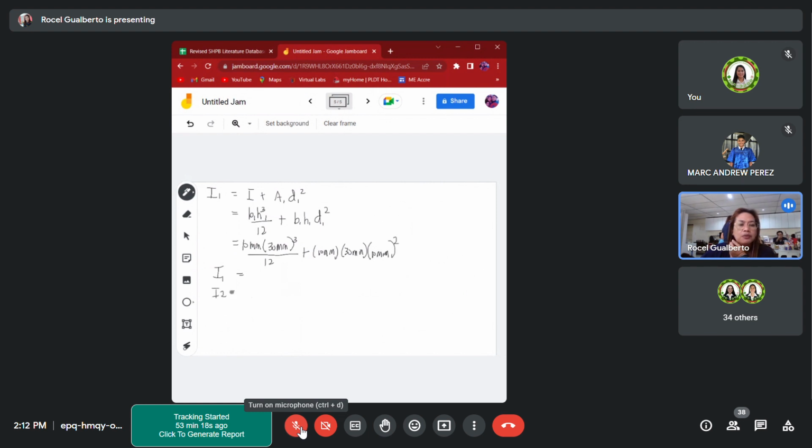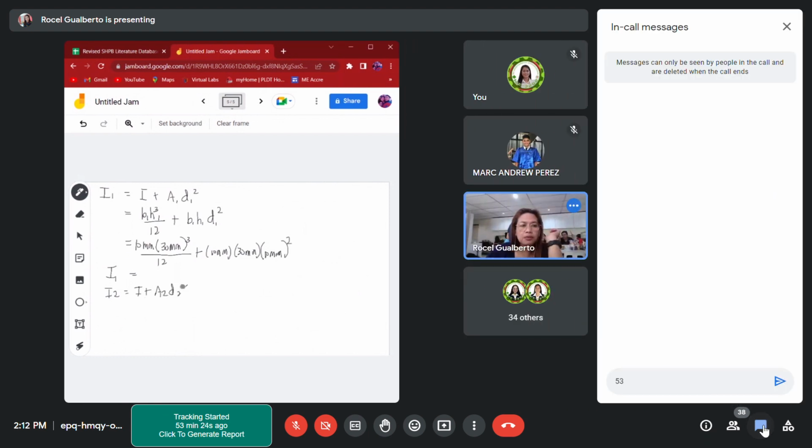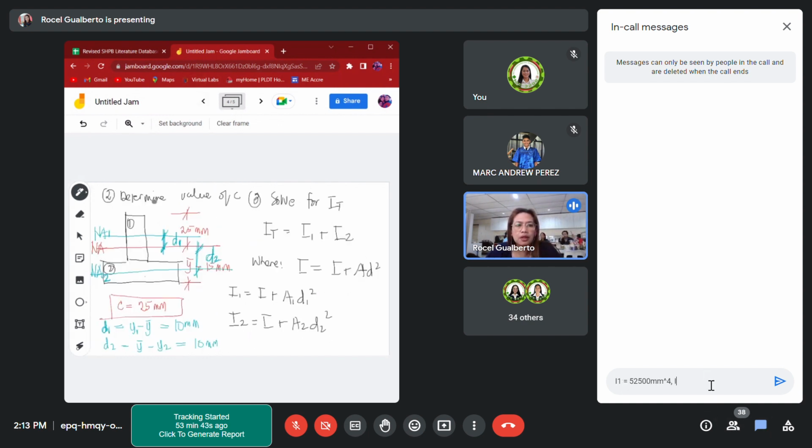For I2, you have the same equation, I plus area 2 times B2 squared. Since it is also rectangular, it's BH cubed over 12, using B2 and H2, plus B2, H2, and then D2 squared. What is the base this time in part 2? Base is 30, height is 10.